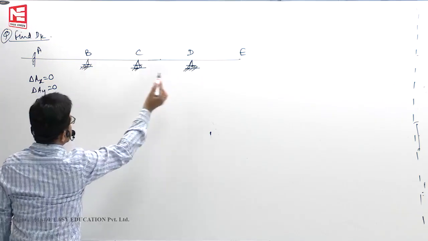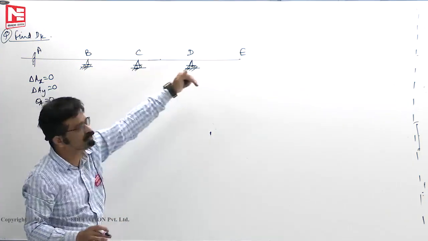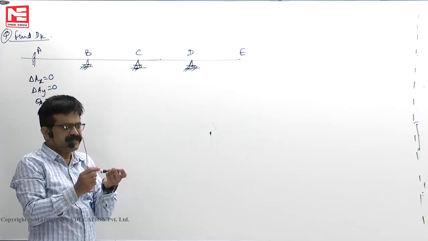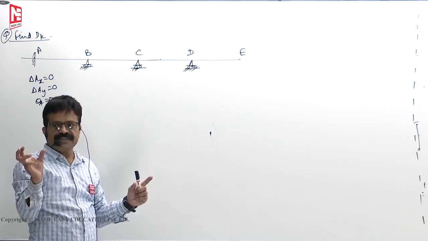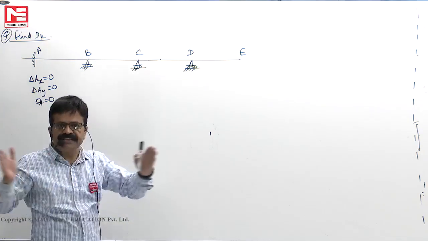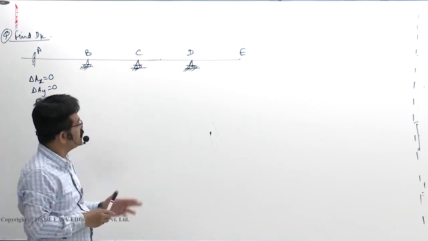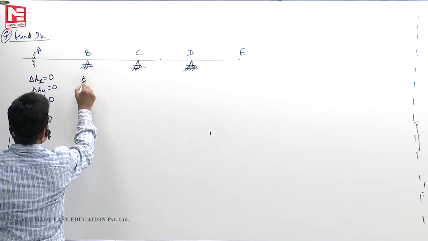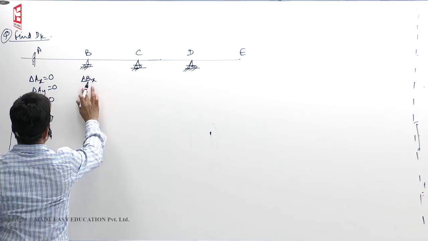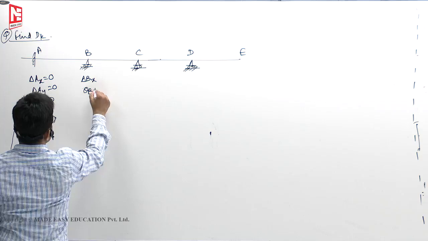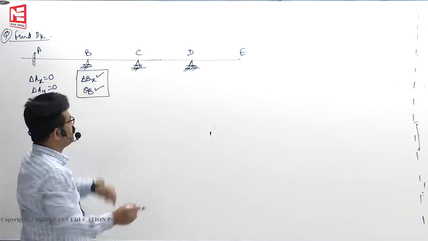Nothing is mentioned, so they can extend. AB member can elongate. To facilitate that elongation, this roller rolls. If it is strength of materials, sir might have told you, a simply supported beam, if it is subjected to temperature changes, the roller support moves to facilitate the free expansion or contraction, so that no stresses will develop in simply supported beams. That is the case here. So displacement of B in x direction, then y direction is 0, but theta B can exist.